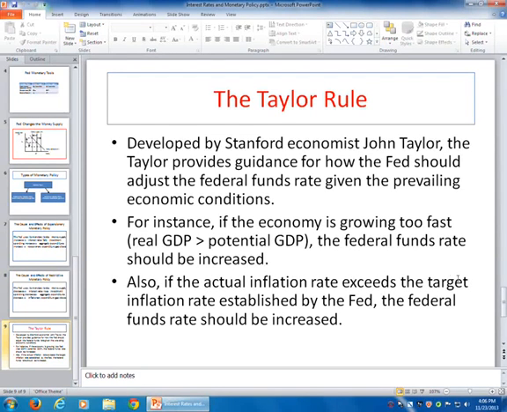So the Taylor Rule was really a very clever mechanism for offering policy assistance to the Fed to help them set the federal funds rate at a level that's appropriate given the prevailing economic conditions.